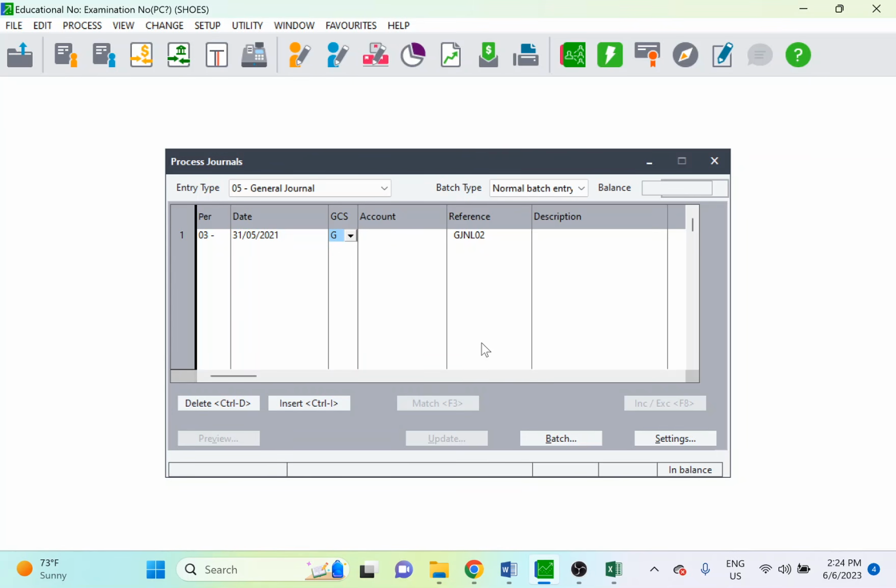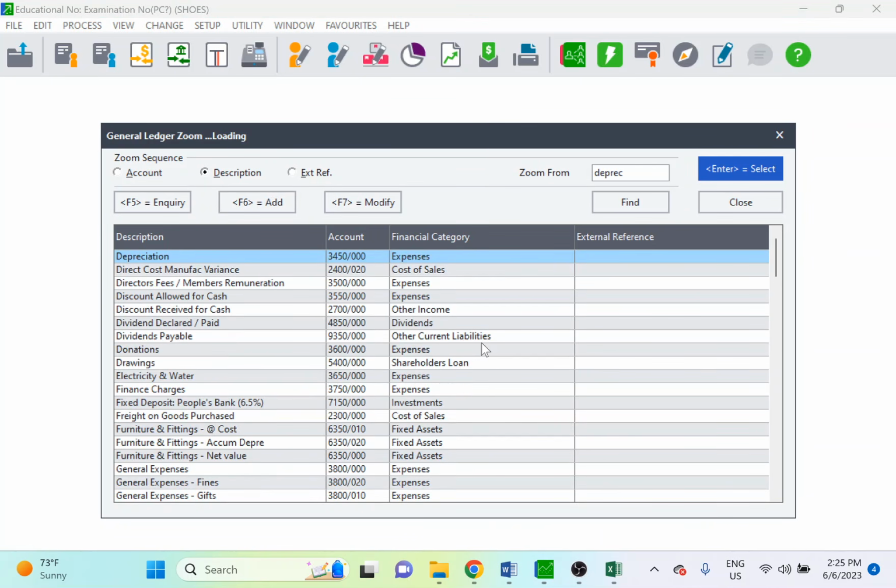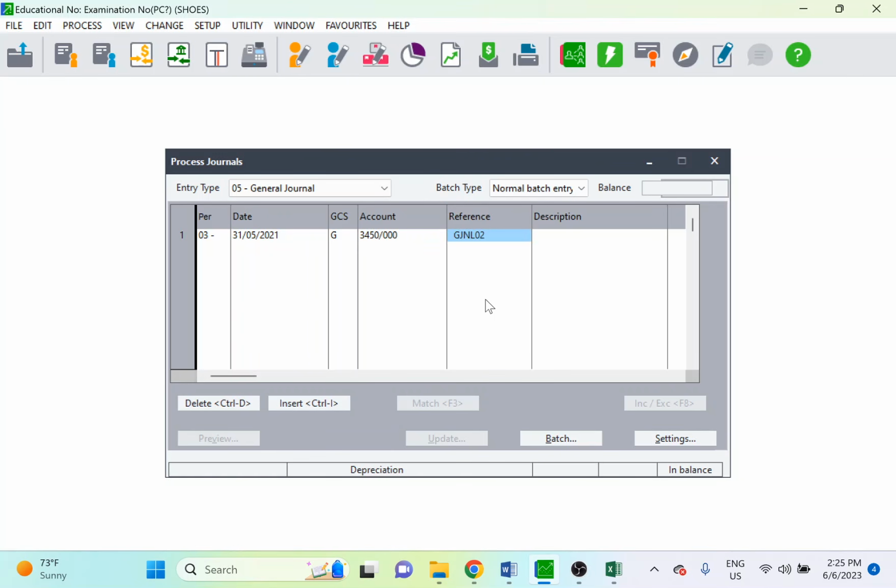And then under GCS, we're going to have G for general ledger. Under account, we're going to select depreciation. Under reference, it's memo number M5/3.